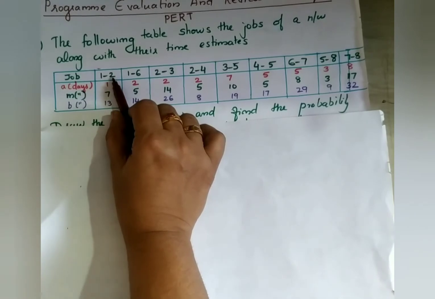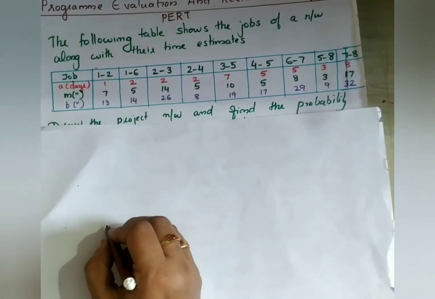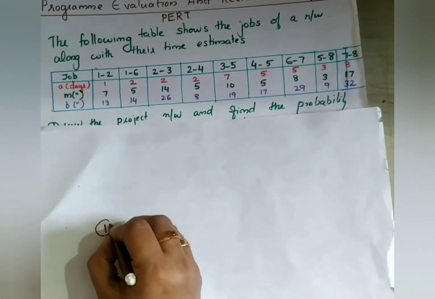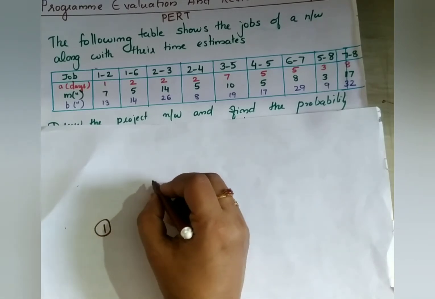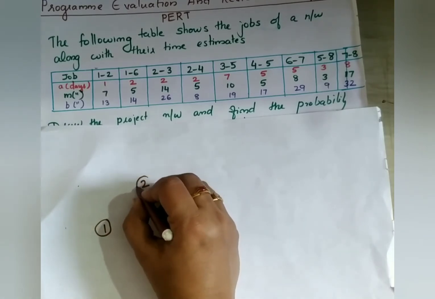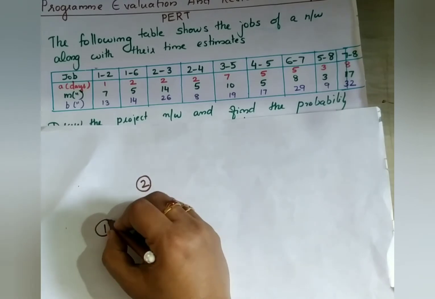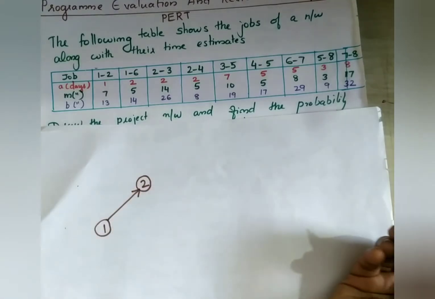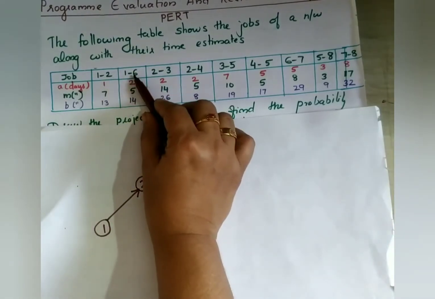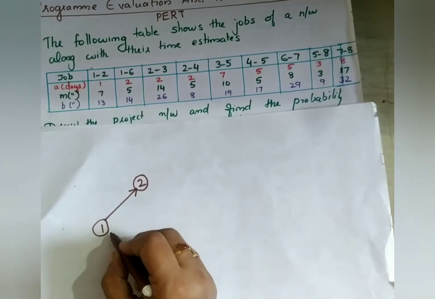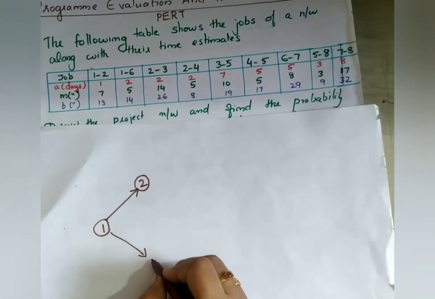So here we draw 1, and for 1 to 2, I write 2 and draw 1 to 2. Next 1 to 6, so here I will make it 6.